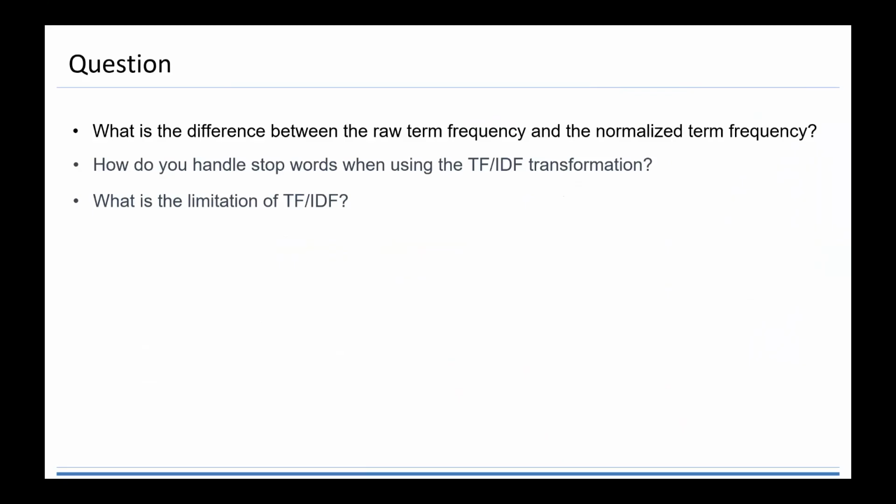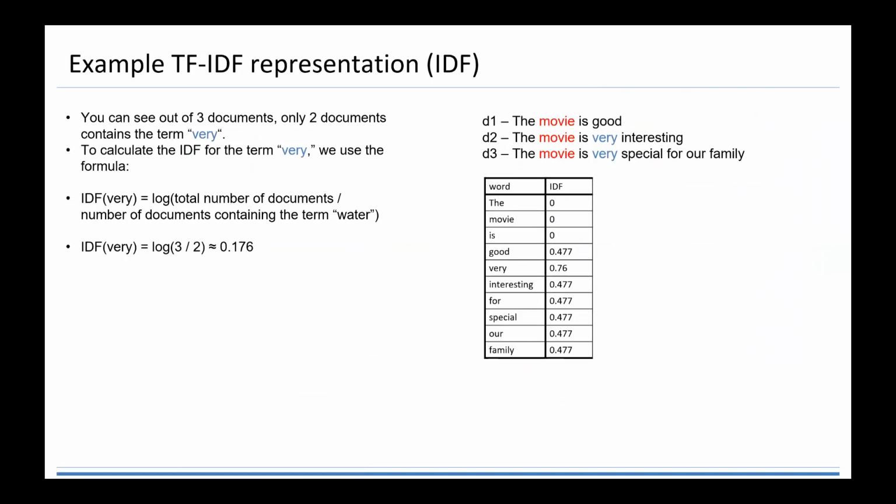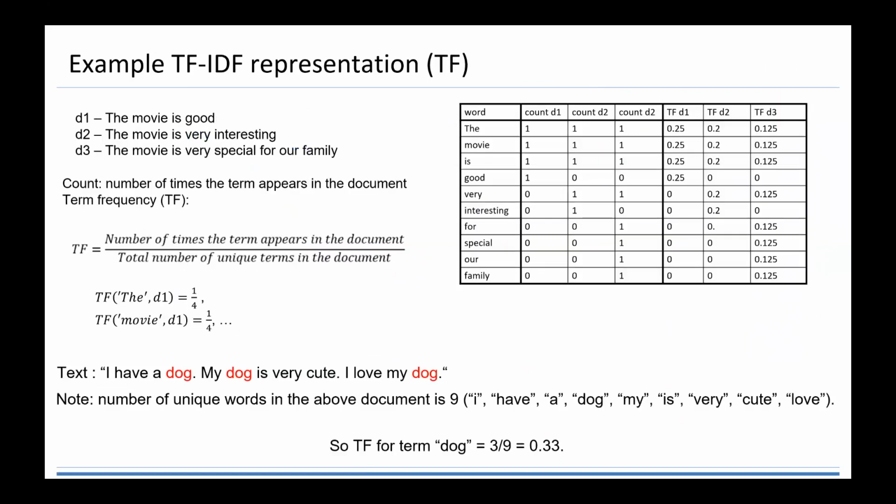Some questions we can discuss in the class from 9 o'clock. What is the difference between the raw term frequency and the normalized term frequency? The normalized term frequency means we already divide by the total number of unique terms in the document.